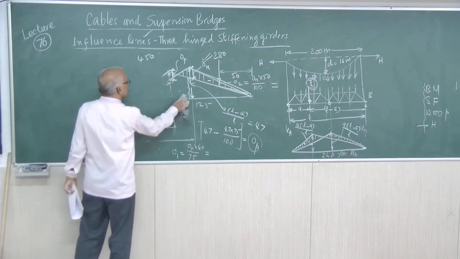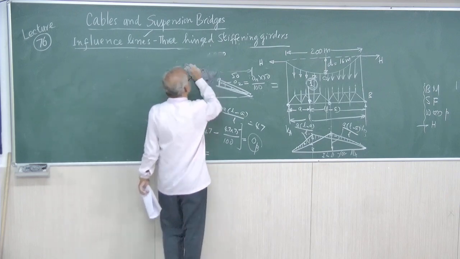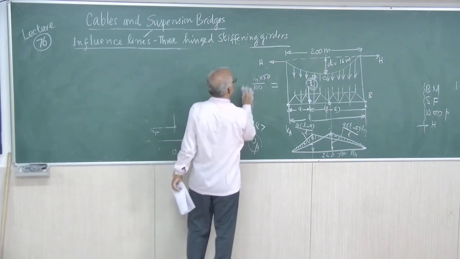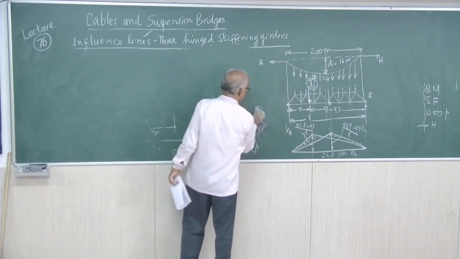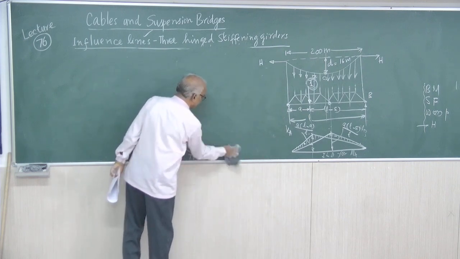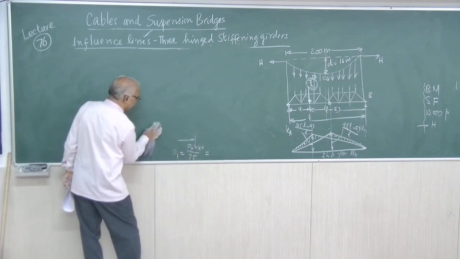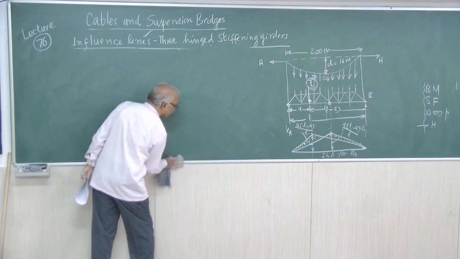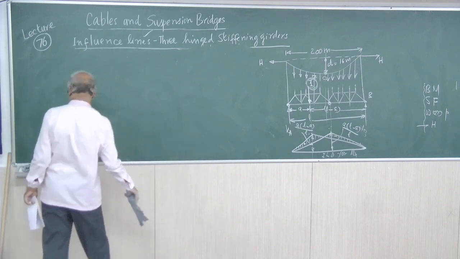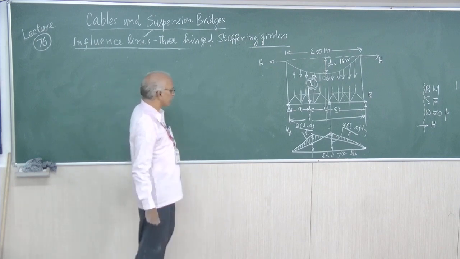There we will not discuss how to get the influence line diagram; I will directly use it and solve the problem, because how to get the influence line diagram we are discussing here. There we will straight away draw the influence line diagram and use it for the given problem. So that is how we get the bending moment.